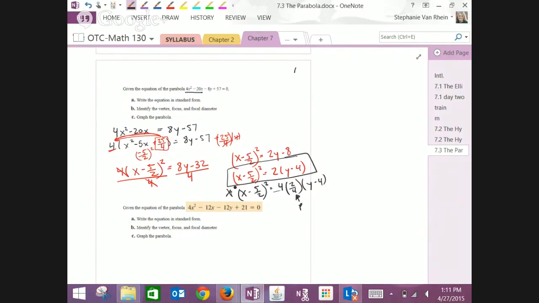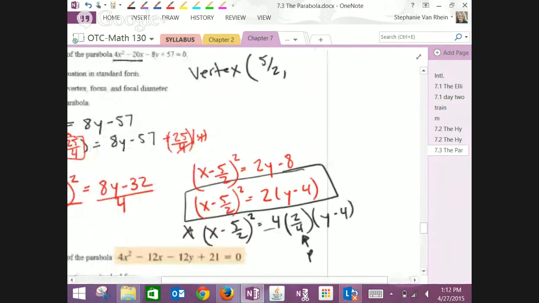So, what is the vertex? 5 over 2, comma, is it 2? 4, right?